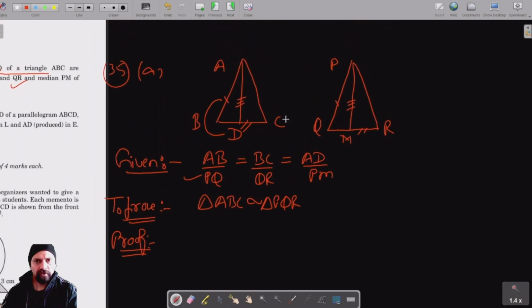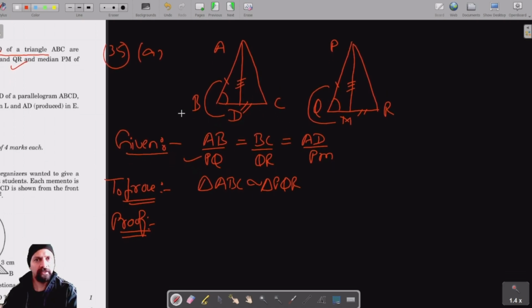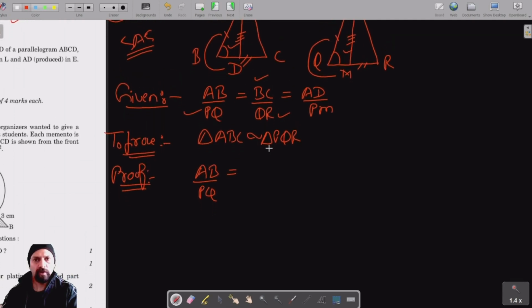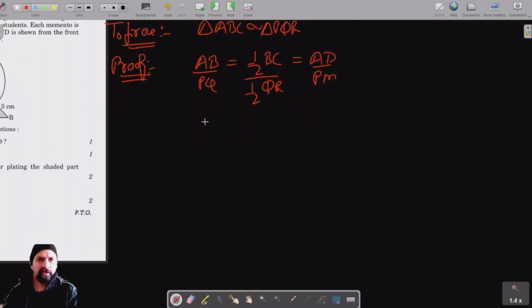So we have these two sides in proportion. If we are able to prove that this angle is also equal, then the triangles ABC and PQR will be similar by the SAS similarity rule. So let's try to get these angles equal. So it is given that AB by PQ. Now, if BC and QR are in proportion, that means half of BC is also in proportion with half of QR, and AB upon PQ will remain as it is.